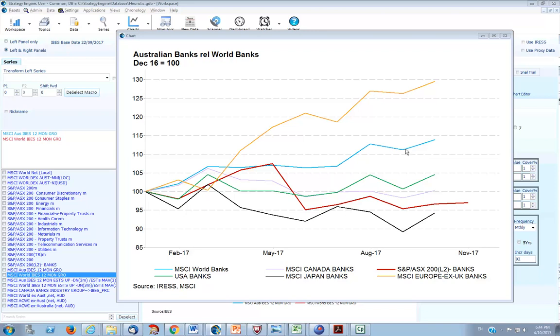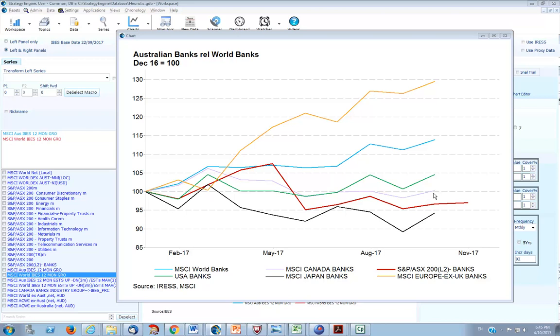A lot of that outperformance by global banks has been driven by the very strong performance of European ex-UK banks, which are up close to 30% on earnings recovery, relatively cheap valuations to begin with, and steepening yield curves. US banks, the green line, are up around about 5%, so not as strong, but still a reasonable performance.